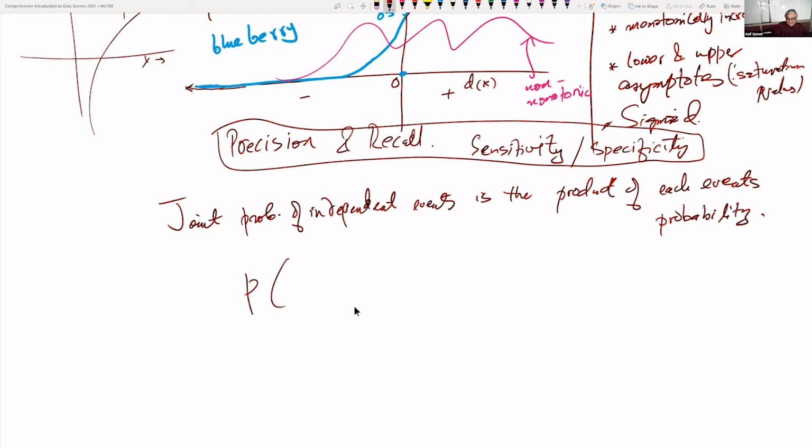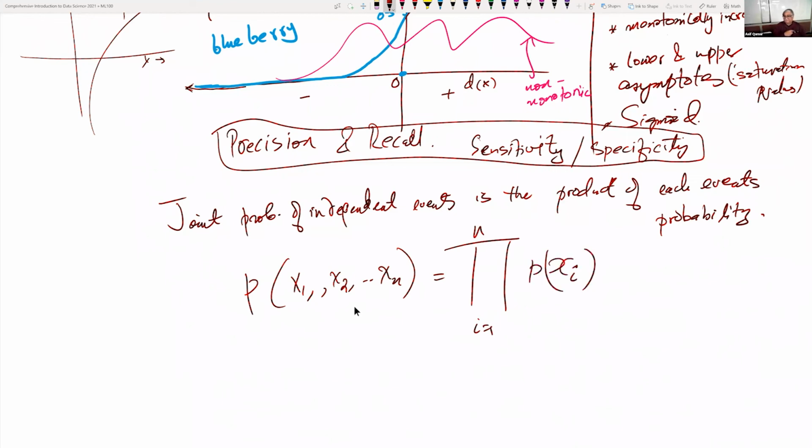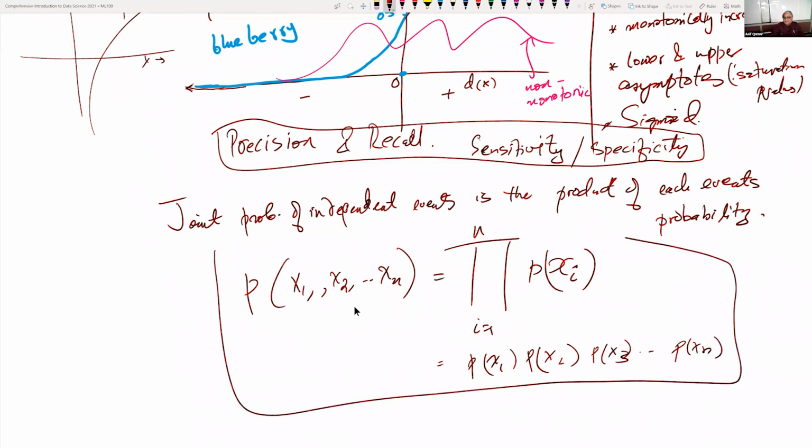In more mathsy terms, P(x1, x2, ..., xn) is equal to the product for i equal to 1 to n of probability of xi. Or in simple terms, it is probability of x1 times probability of x2 times probability of x3, and so on. This is just saying it in a succinct mathematical way. It's the same thing.